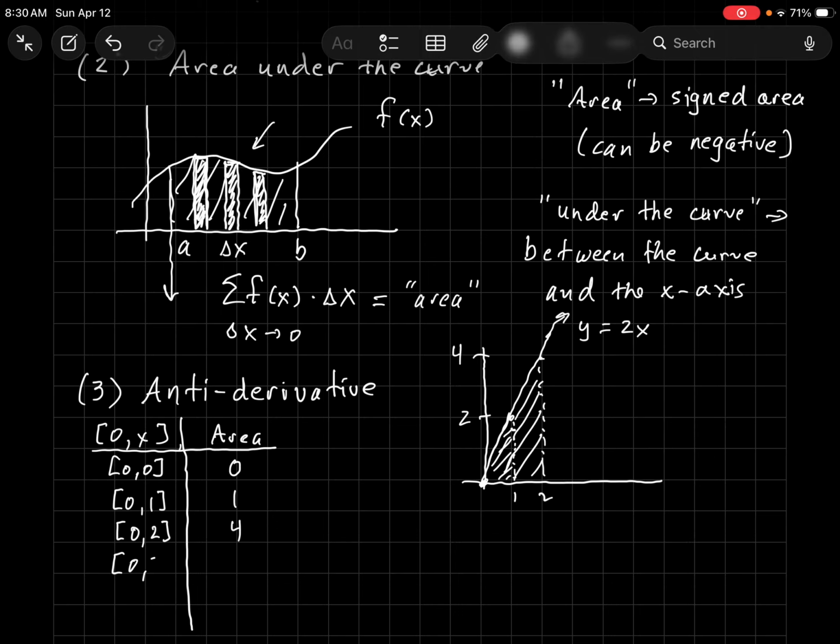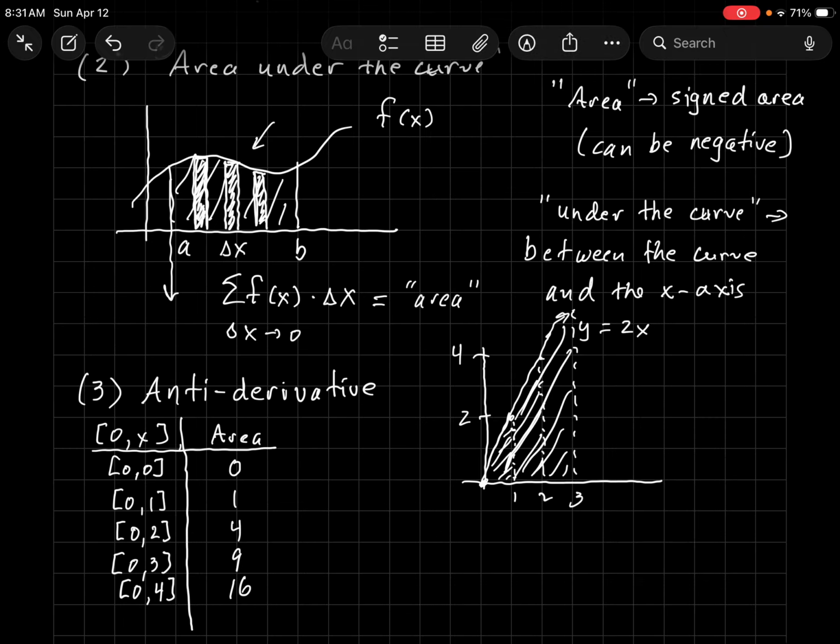On the interval 0 to 3, we get an even bigger triangle whose base is 3, whose height is 6, and whose area is 9. Without drawing it, because I'm out of space in my picture, you could easily confirm that on the interval from 0 to 4, the area beneath the curve is 16.